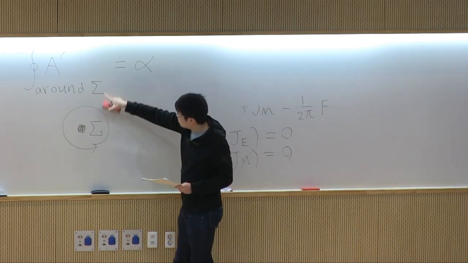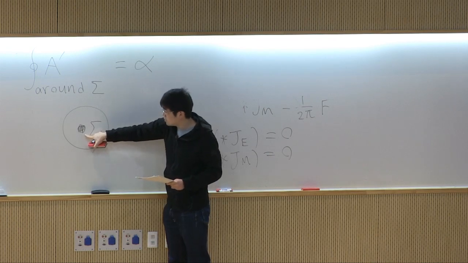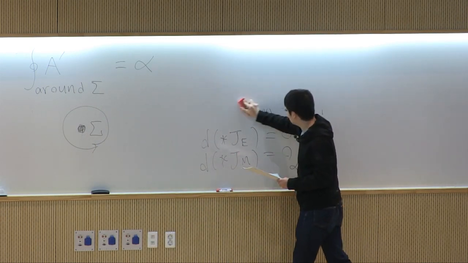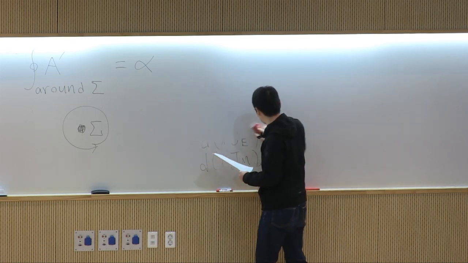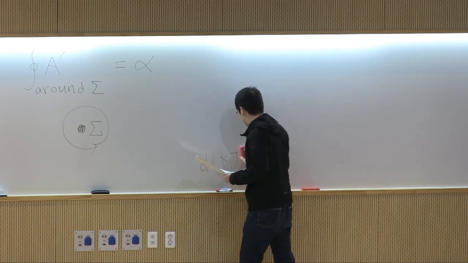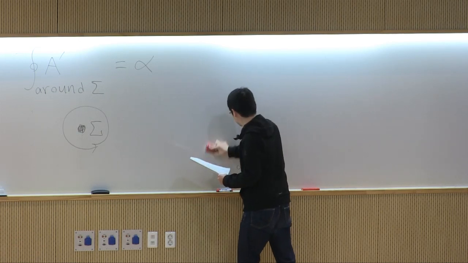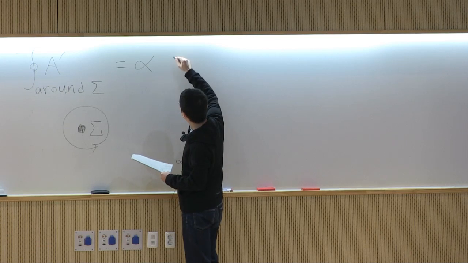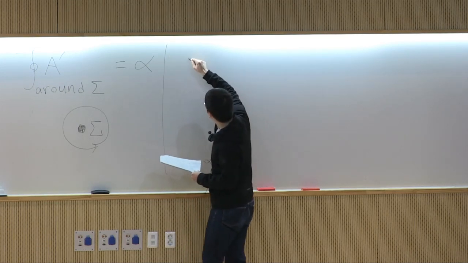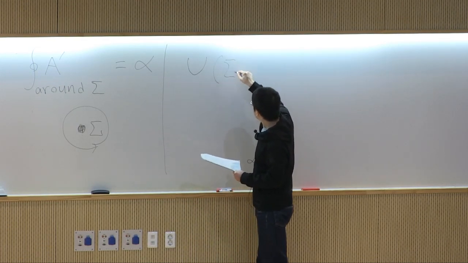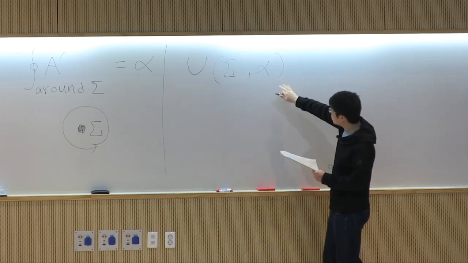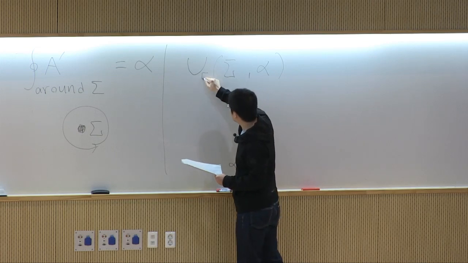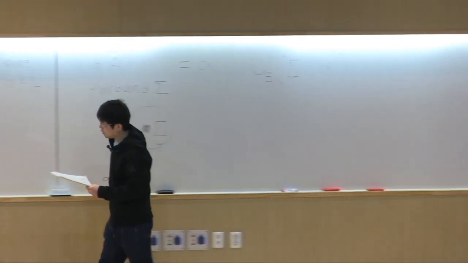But this definition, by using the holonomy around this sigma, is applicable to non-abelian gauge theories as well. So the insertion of this, this is electric one-form symmetry.